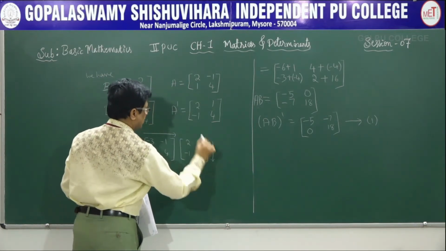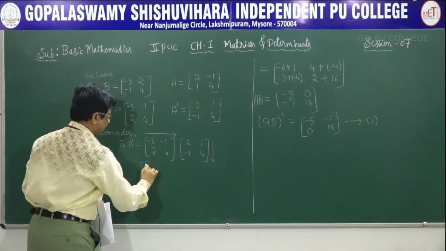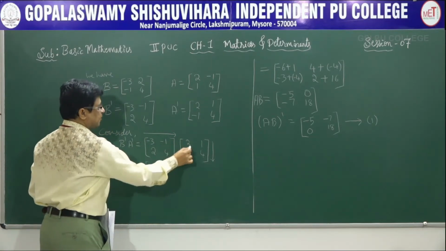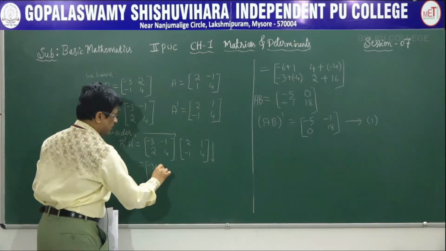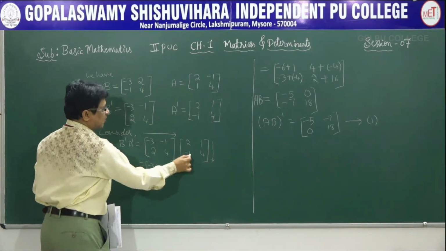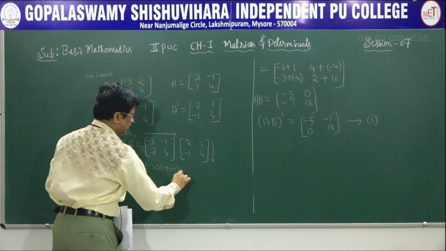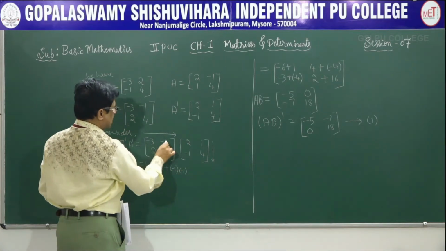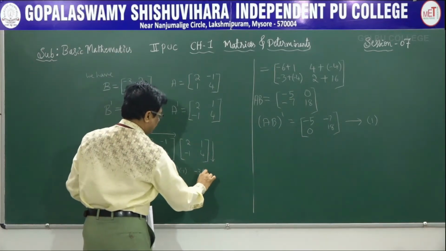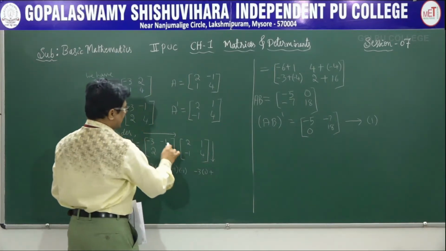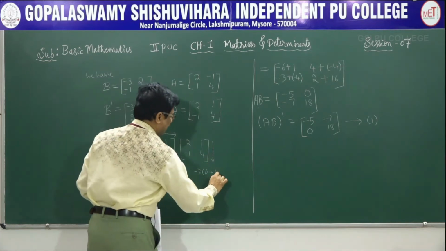Row into column. So that will be equal to first row into first column, minus 3 into 2 plus minus 1 into minus 1. First row into second column, minus 3 into 1 plus minus 1 into 4.